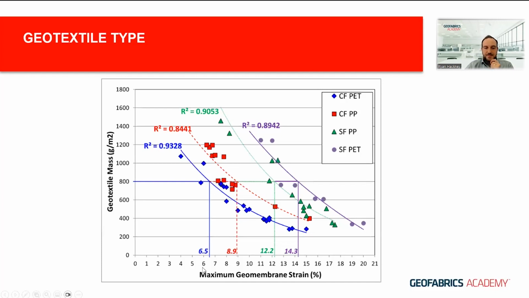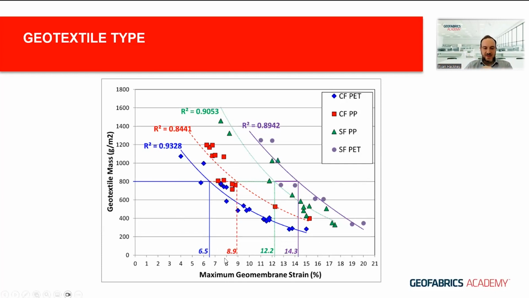If you use a bidim, if you use a continuous filament polyester, you can see that we achieve a 6.5% strain. But if you were to use a staple fiber polypropylene, you're getting almost double the amount of strain for that same mass. So I guess the takeaway here is that it's not just to focus on mass. Staple fibers, continuous filaments, even the polymer types, they behave quite differently.